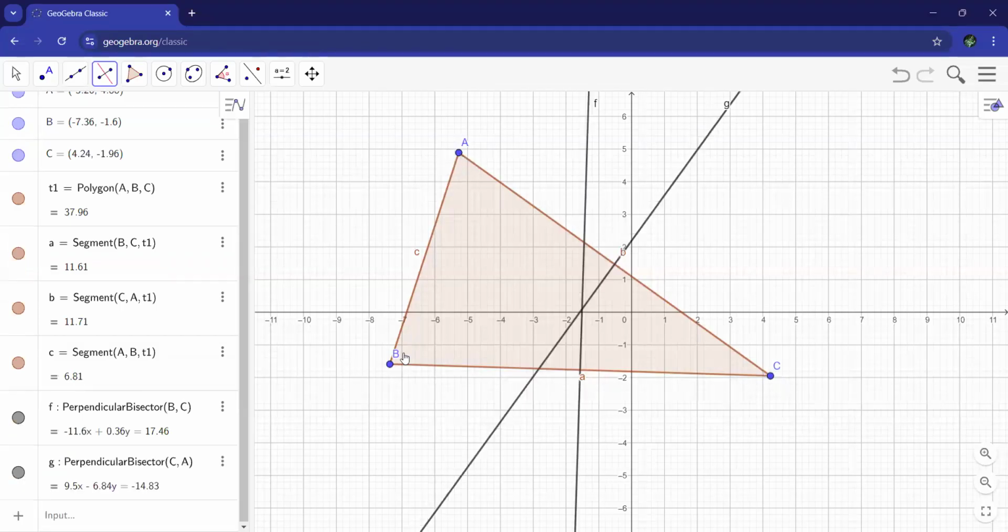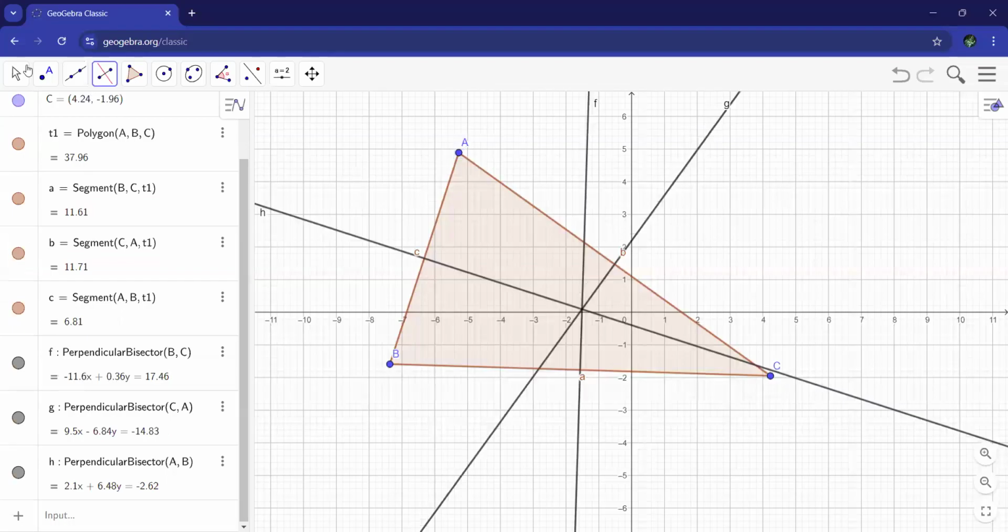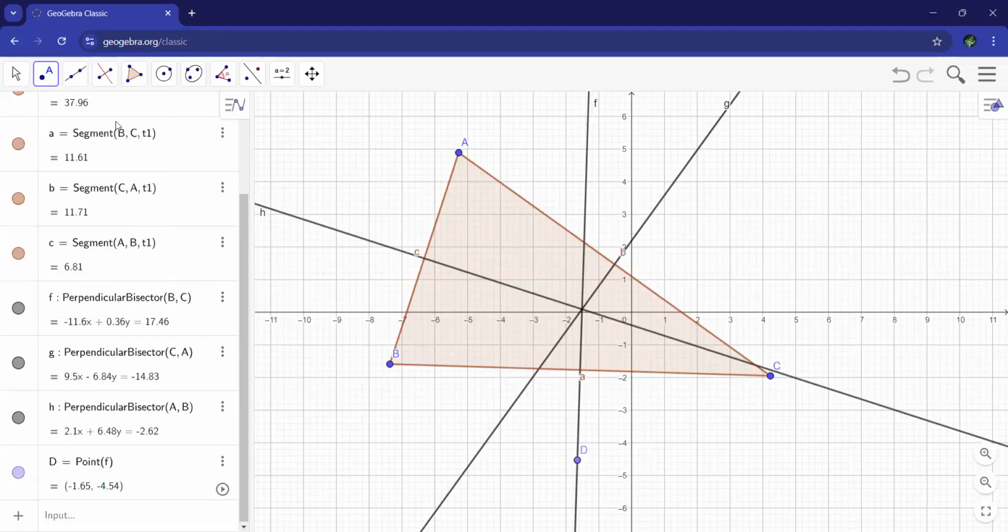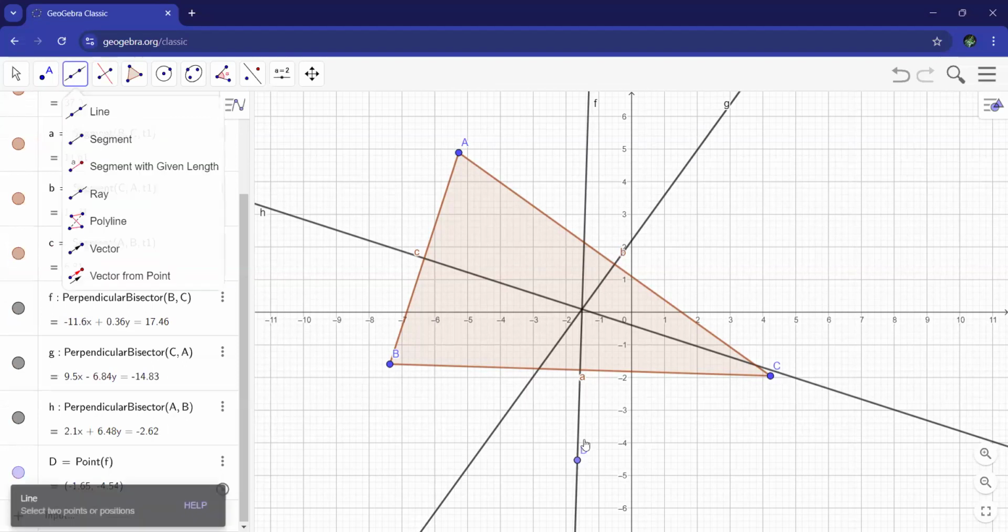And we have a point varying on the perpendicular bisector of BC. And we join it to meet the other perpendicular bisectors.